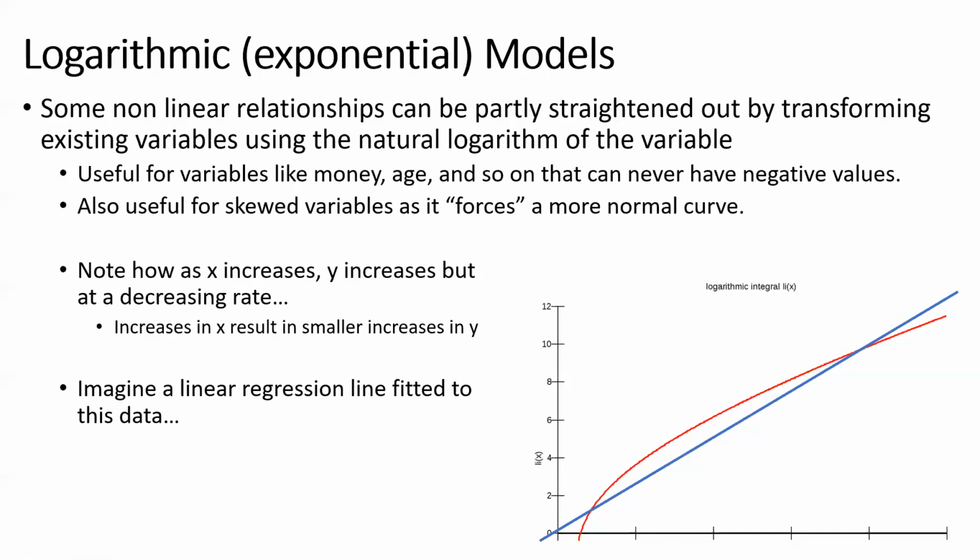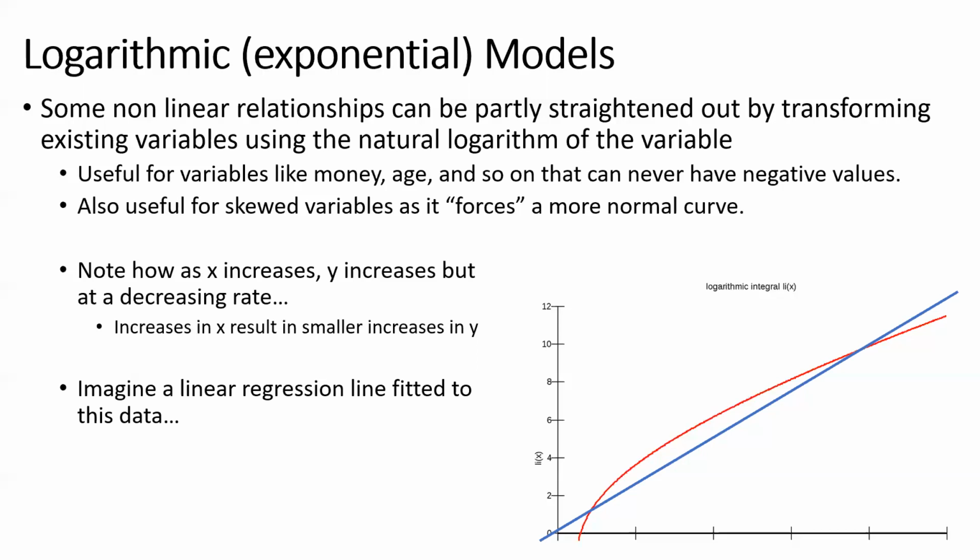So a linear model is assuming that the change of x results in the change of y in a constant way across all values of x, and that may not be the case. So that's why we would want to use exponential, polynomial, logarithmic models instead of just a linear model that gives us a single straight line.